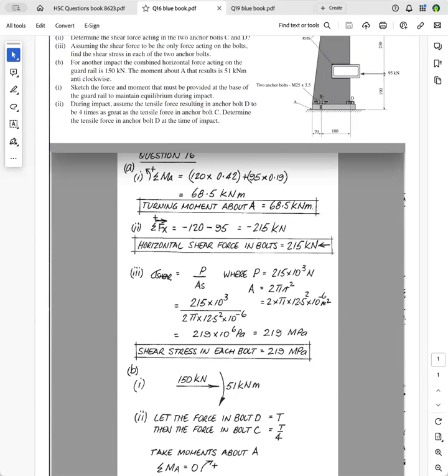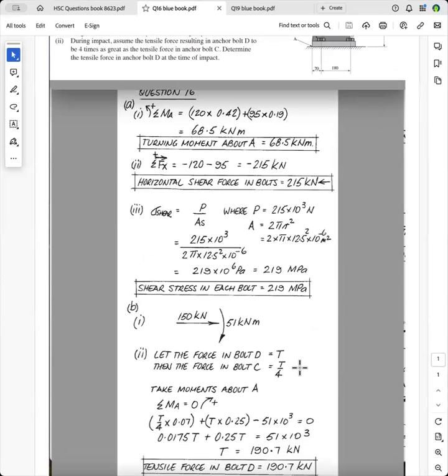And it will be a tensile force because this guardrail will try to rock anti-clockwise and it will pivot about A, so it'll be trying to pull that bolt out or break it in tension. Determine the tensile force in anchor bolt D at the time of impact.